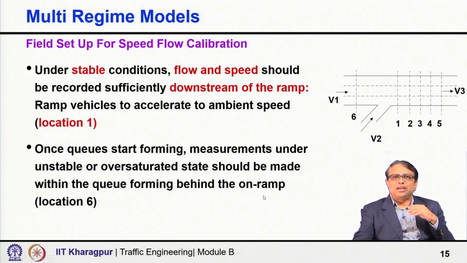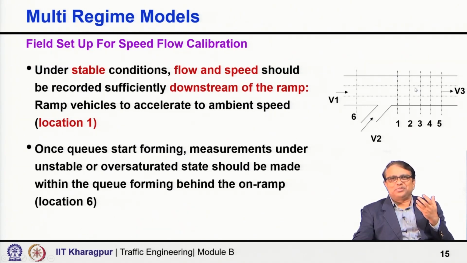Why close to an on-ramp facility? Look at this figure: it is a freeway and there is a ramp here. V1 is the freeway flow, V2 is the ramp flow, and at many sites you will find that when they add up, the resulting flow V3 will be higher than the capacity of the downstream section.